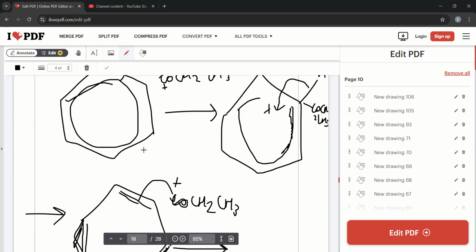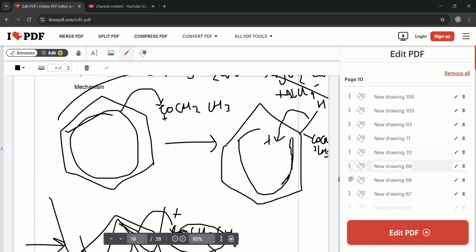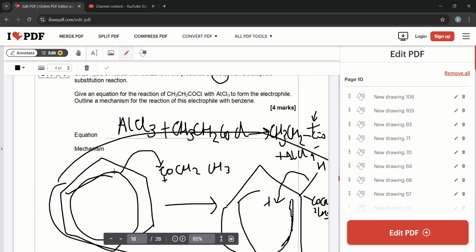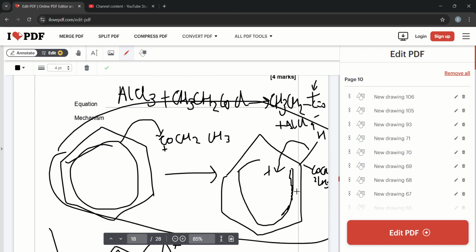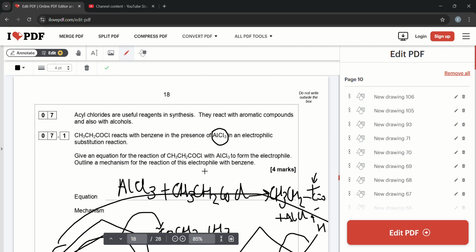I don't know why I even did this. That's it. From the ring of delocalization to the carbon, which is positive, and then partial horseshoe ring, positive charge, hydrogen, COCH2CH3 from the middle of the hydrogen bond to the positive charge, or at least close to it. Because the mark scheme said all this, so we don't need this. And that's for 4 marks.